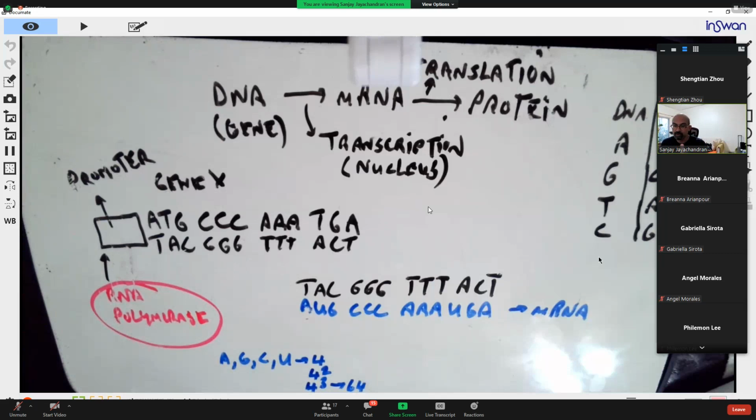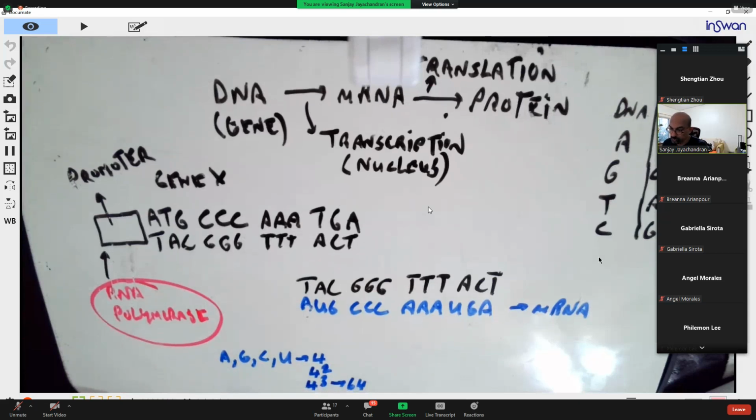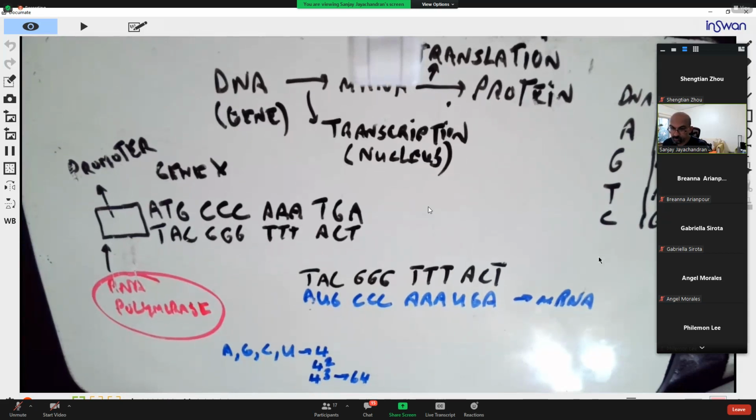RNA, ribosomes. That's where we're going to go. So we have to leave the nucleus, go into the cytoplasm, to those little dots, those little circles, little organelles, ribosomes. So what I'm going to talk about next is translation. Any questions first? We're good? All right.